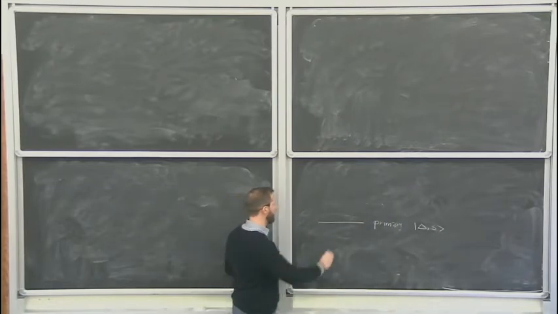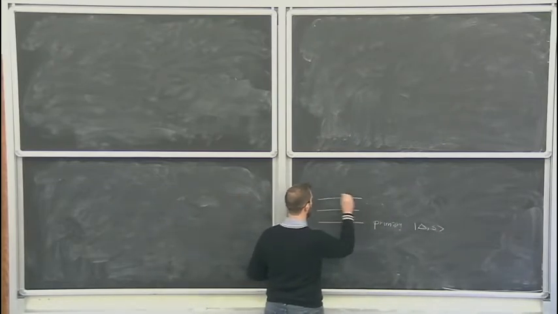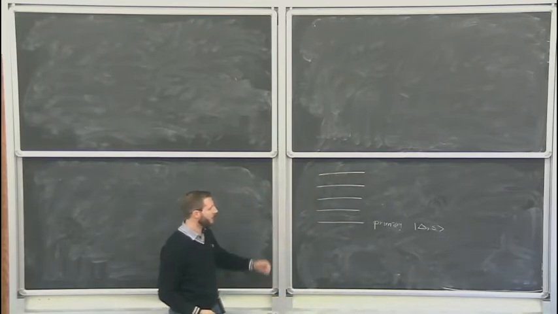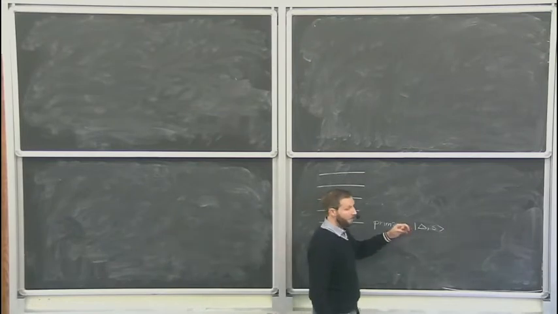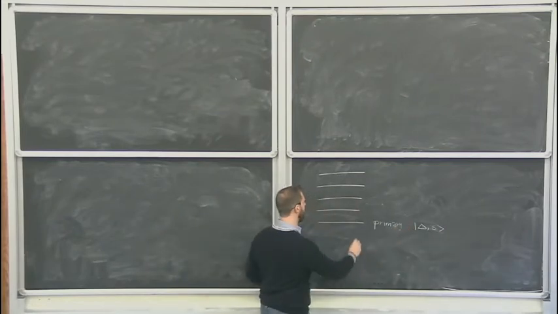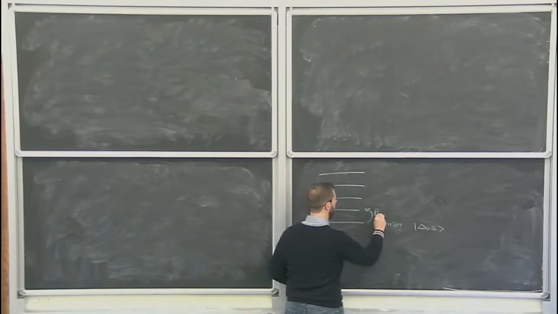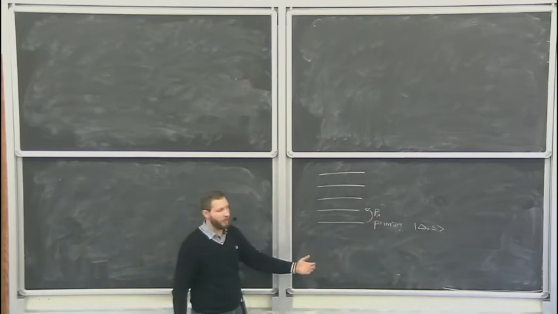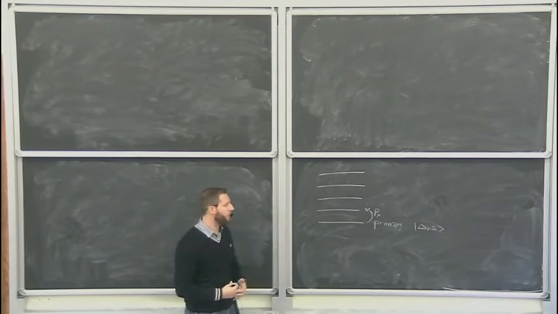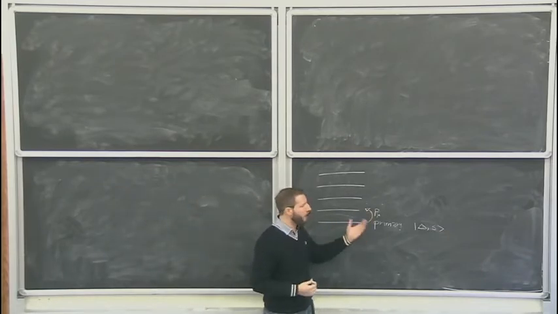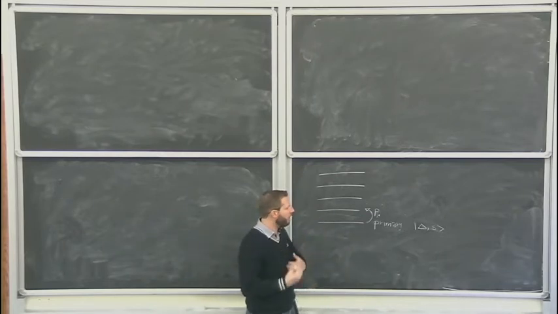And then we construct descendants applying the generator of translation. But to be very precise, when you apply P mu, you end up not with a definite spin state, but with a superposition of different representations. Because depending on how you construct the indices, you may end up with a higher spin or lower spin.